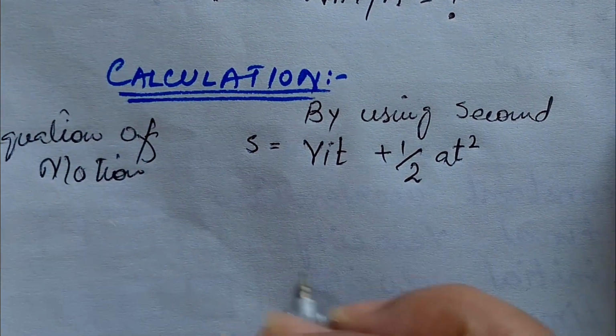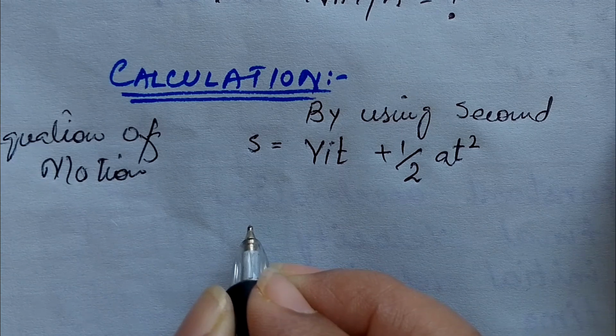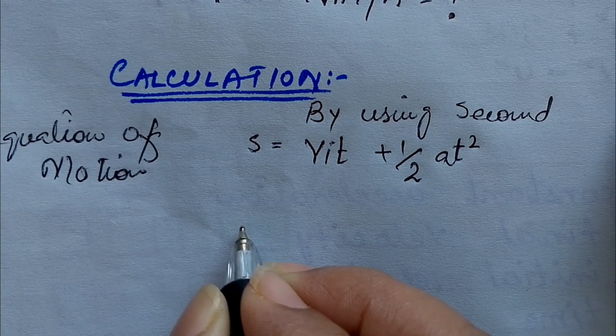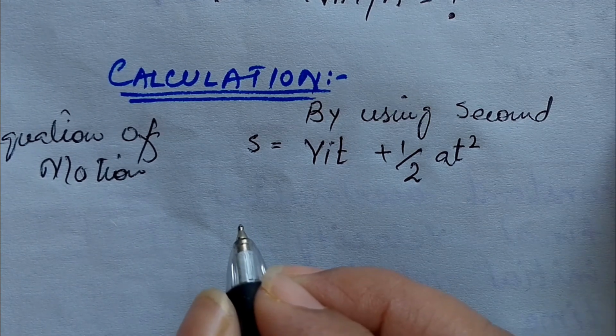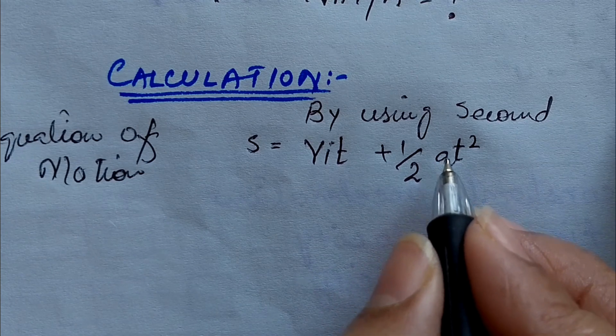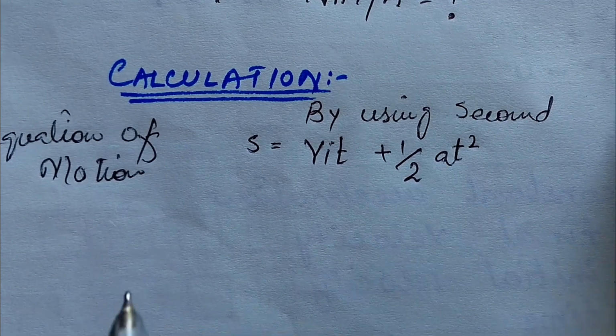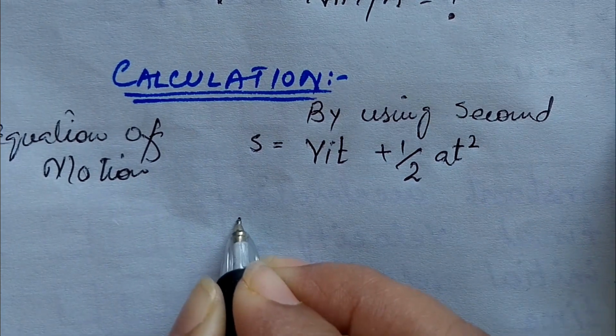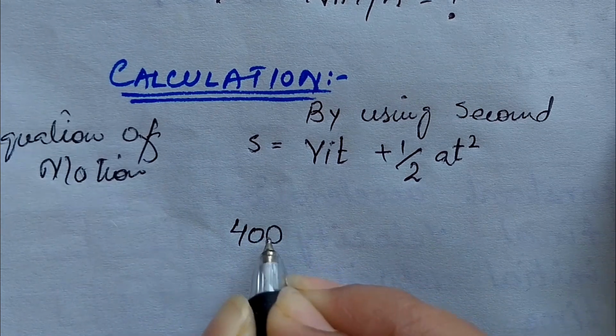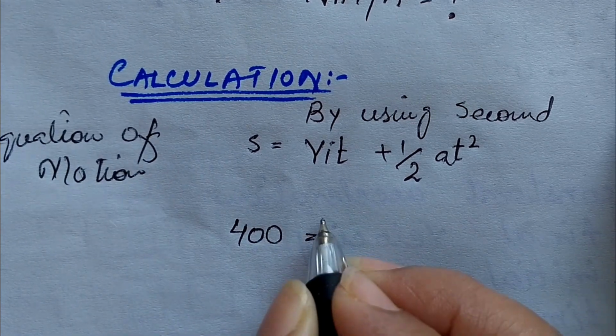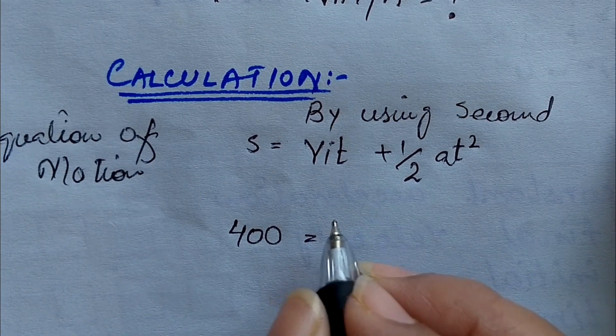Now we will put the values which are given in the question. S is the distance, which is 400. Initial velocity is 0 here.